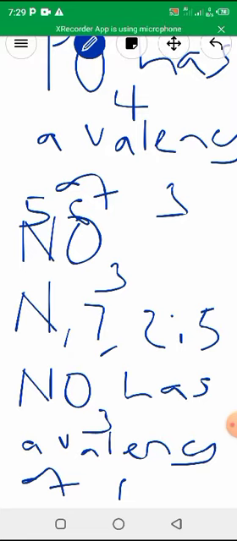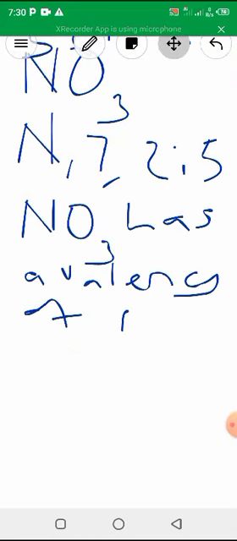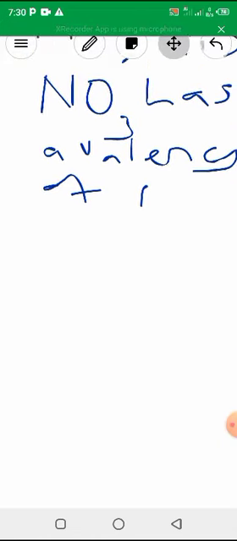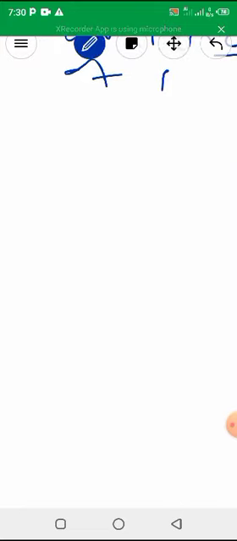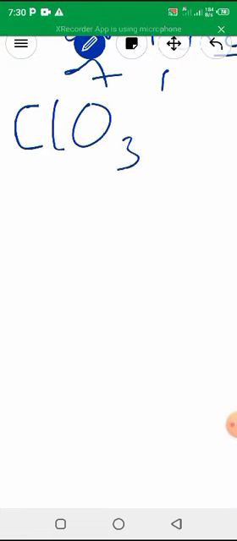And let's talk about how we can determine the valence of, let's say, chlorate, which is ClO3. For this case, chlorine, Cl, atomic number 17.